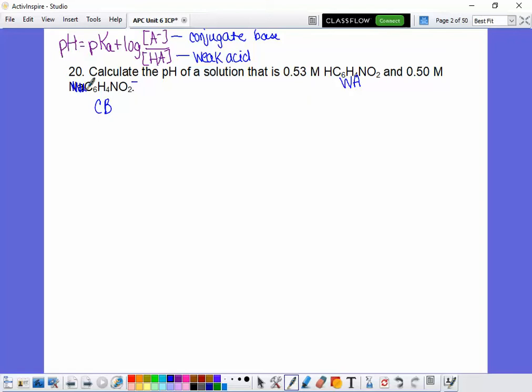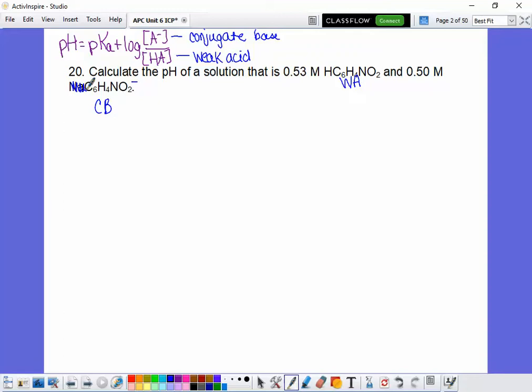Remember when we were talking about salt hydrolysis last time? Whenever you have an alkali metal, a halogen, or nitrate, those are going to be our three common ions that are going to be in salts. You can actually just get rid of them for multiple reasons. If you're thinking in terms of this acid-base stuff, those substances are products of strong acids or strong bases, therefore they don't react with water, and we can ignore them.